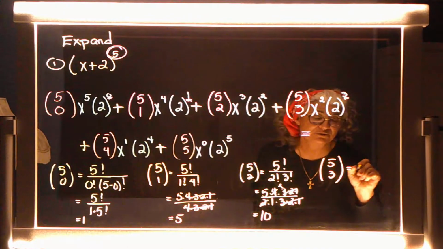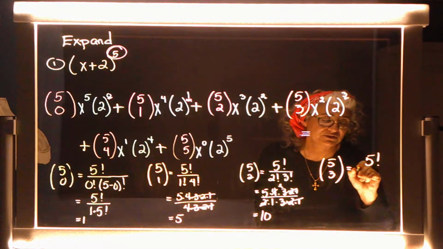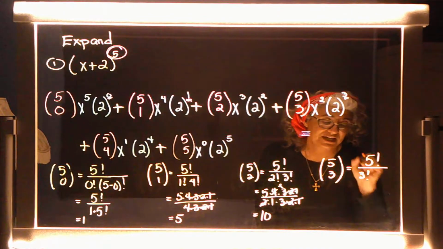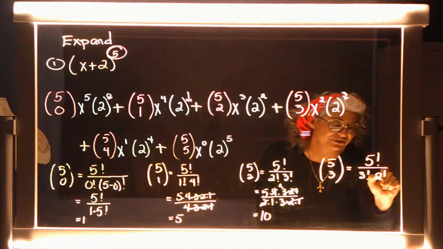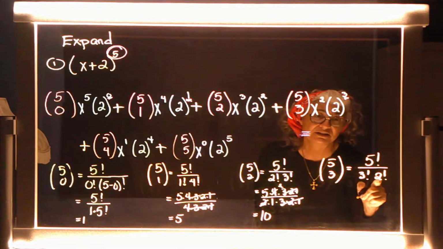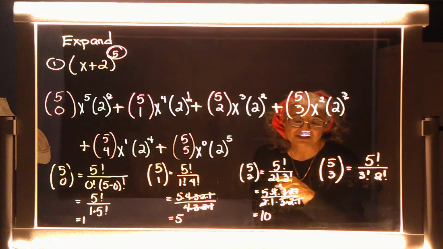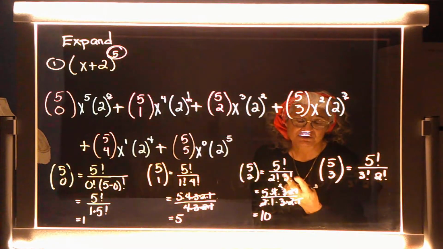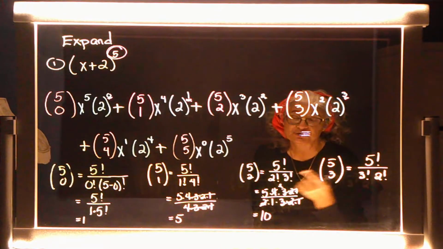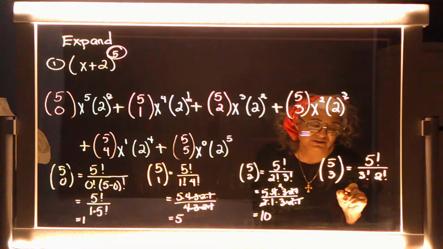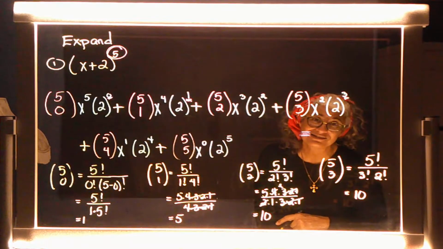Okay, so I'm on 5 choose 3. So 5 factorial over 3 factorial times, good, 2 factorial, getting the hang of it, 5 minus 3, right? Now wait, doesn't this one look like this one? Except the numbers are in reverse order in the denominator, but they're still multiplication, right? So, don't you think we should just get 10 still?